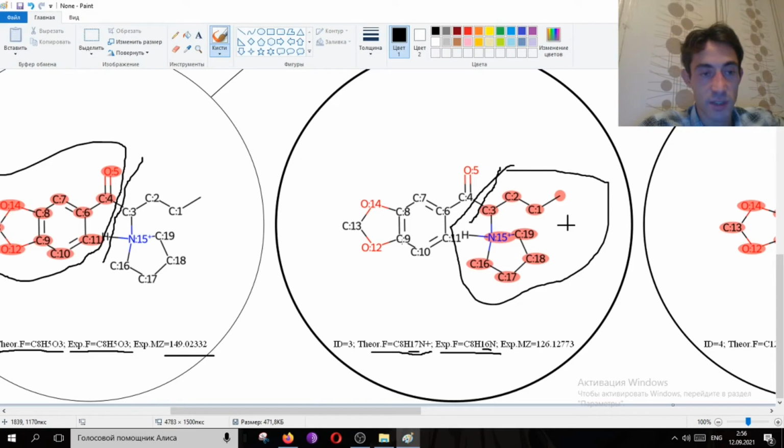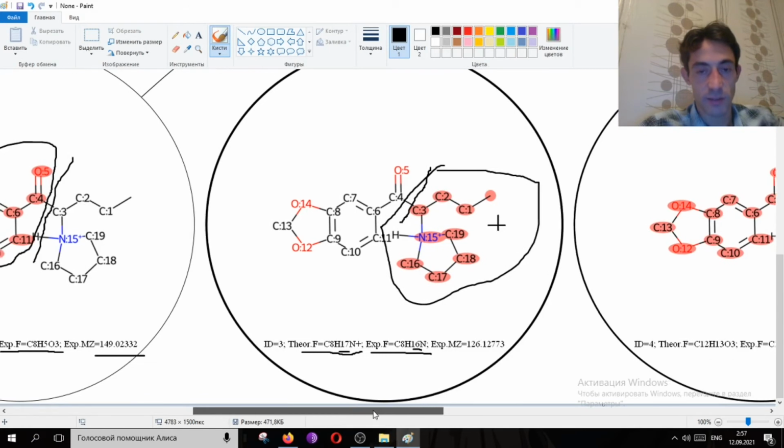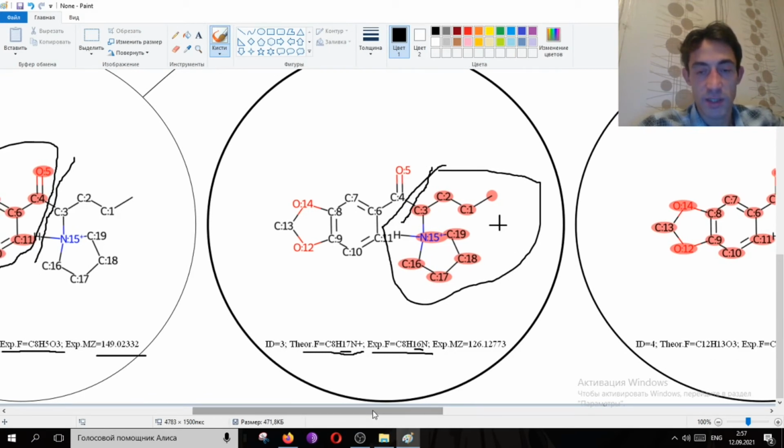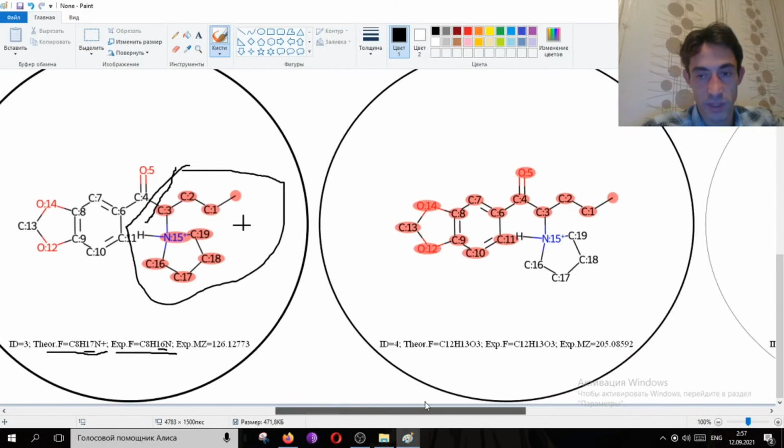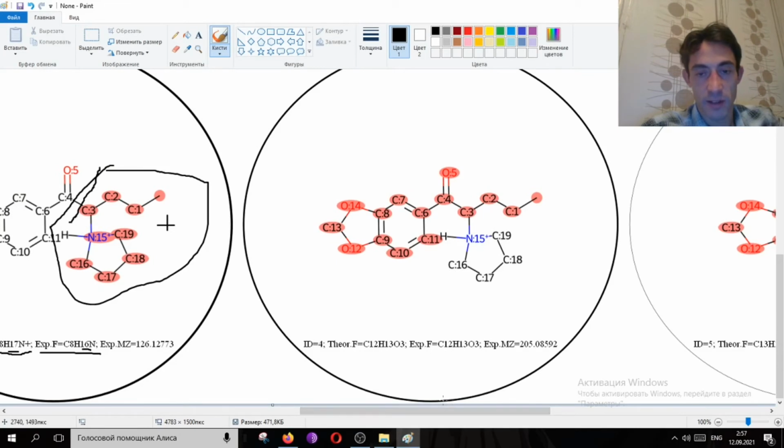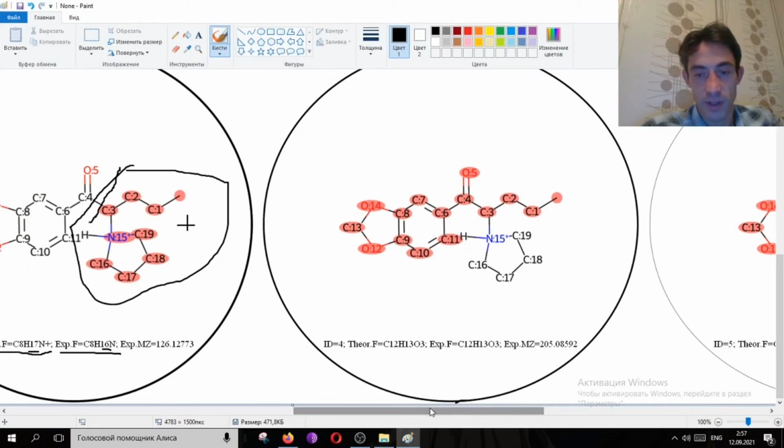And what is important is that by accurately considering such formulas, we can try to distinguish between different protomers.